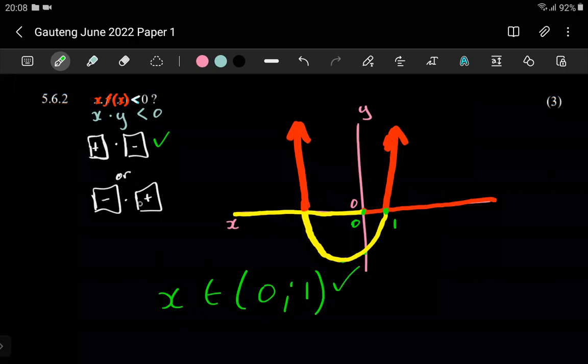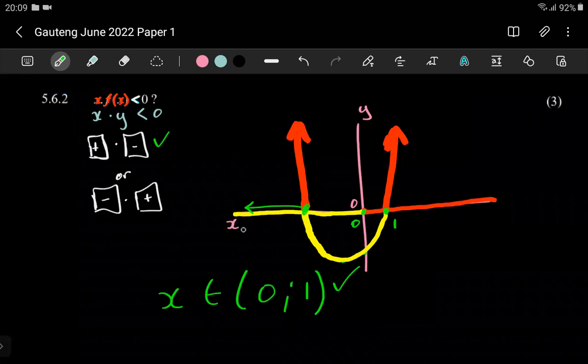We also want where you have negative x values together with positive y values. And that is happening from here, going all the way to negative infinity. We can see that you are going to have positive y values here while having negative x values.